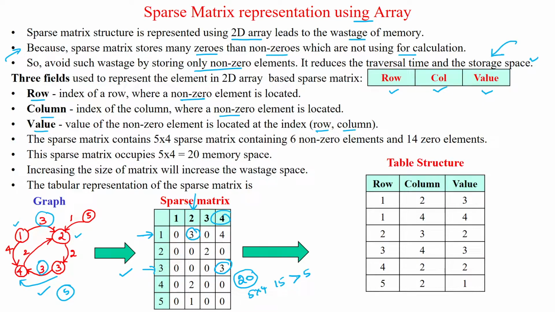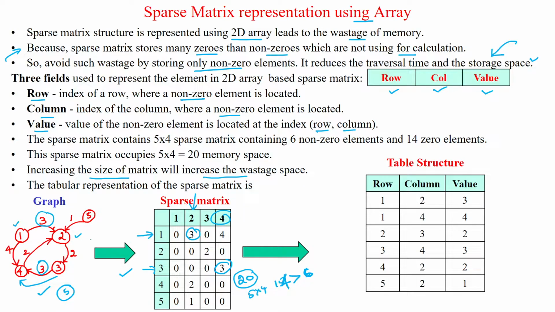So here 6 non-zero elements, 14 zero elements. When we increase the number of vertices and the number of edges, there is a possibility of increasing the wastage of space.